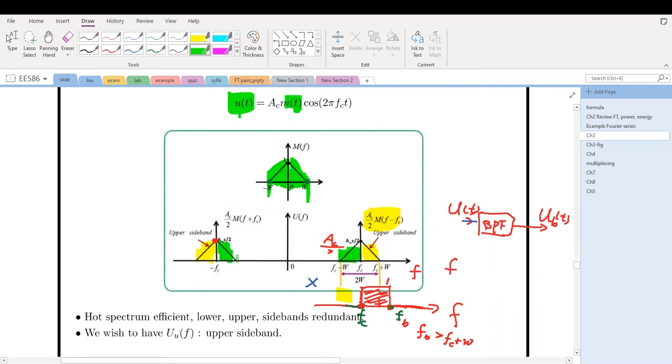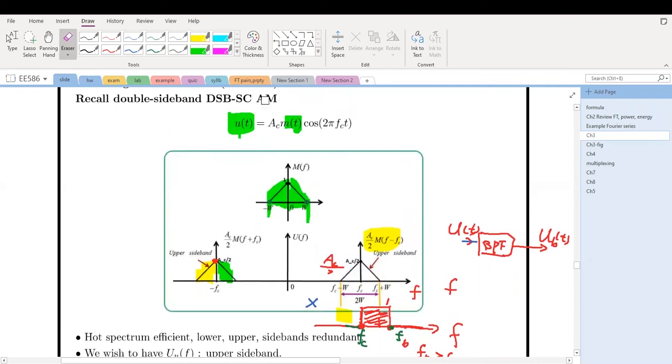a lower sideband. And one thing we can observe here is that the upper sideband, this portion, and the lower sideband, this portion, are symmetric. If I know this portion, I know this portion already because they are symmetric. So that's the idea of the single sideband. We only need to transmit either the upper sideband or the lower sideband.